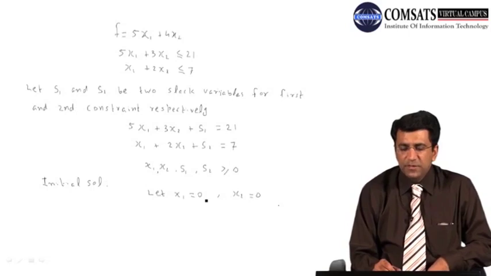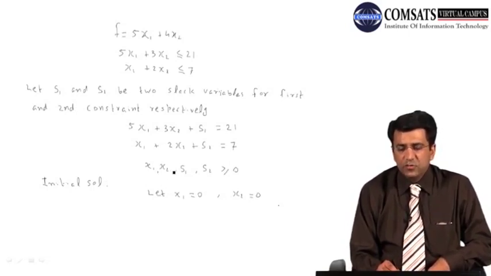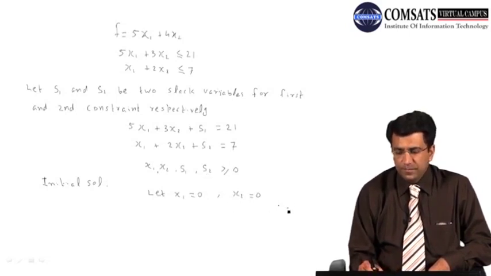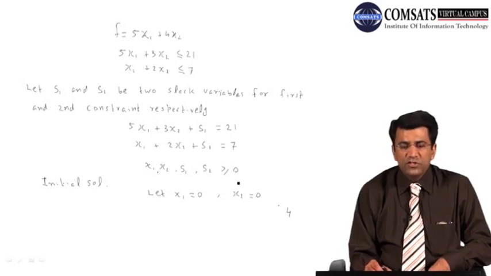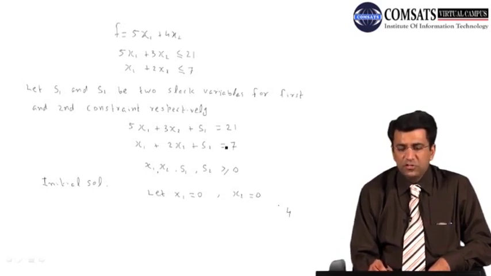In this particular case, we have four variables, that is x1, x2, s1 and s2, so the number is 4. And we have two main equations, the first constraint equation, which has now been converted into equation form, and the second constraint equation.